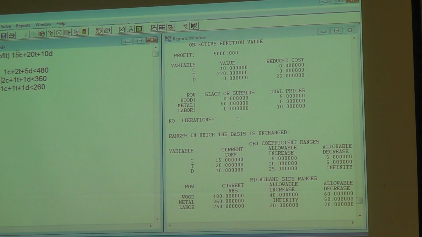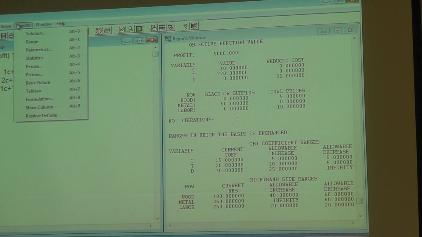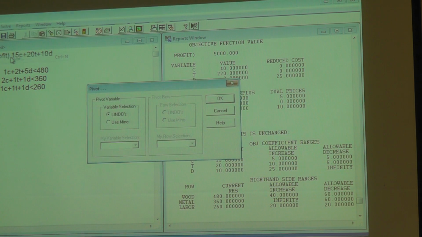So here you can do just one pivot, let's say. You can say that you want a pivot with variable which is doors, and row which corresponds to metal, and you do some pivot.